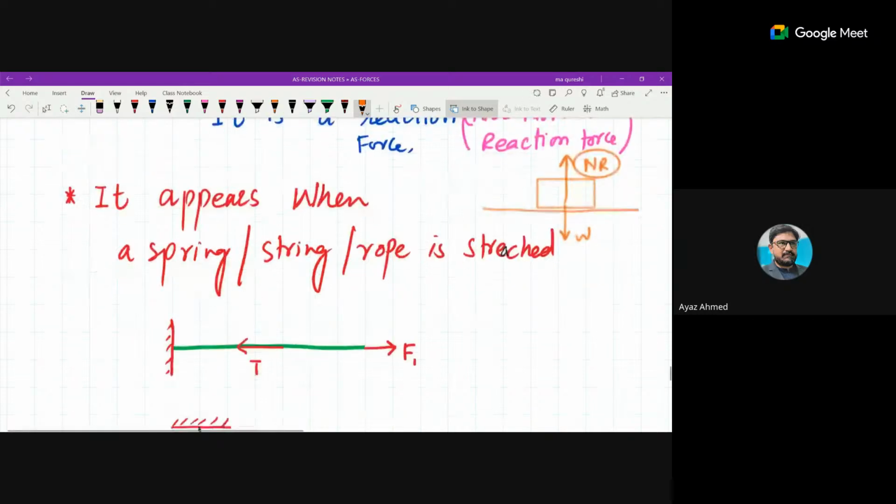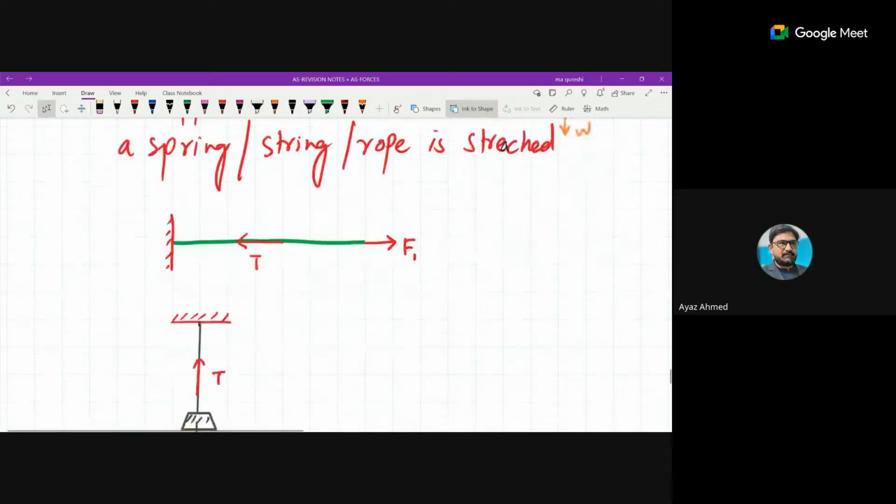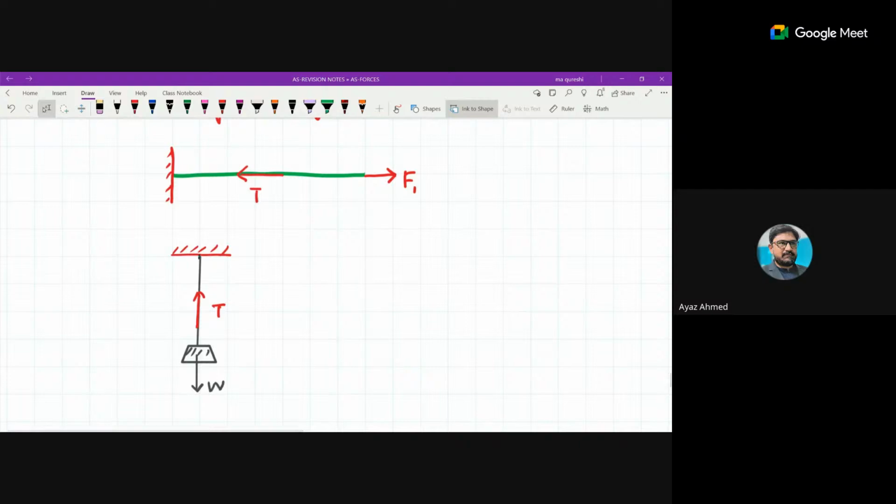It appears when a spring or a string is stretched, right? So when you are going to stretch a string, or when you are going to stretch a spring, then you will have a force of tension there. Let's say this is the normal spring, it has no tension.